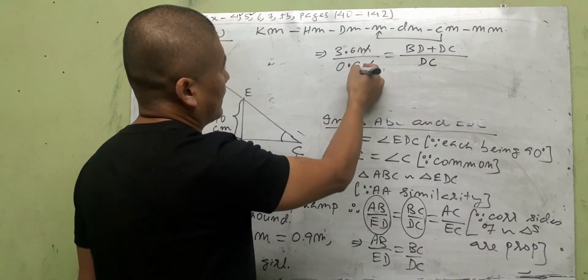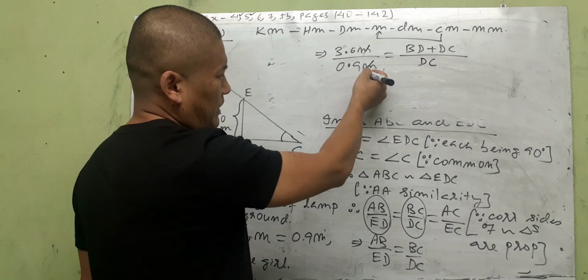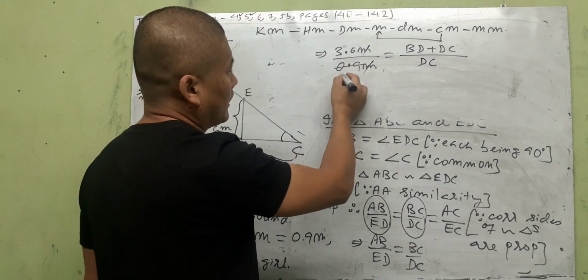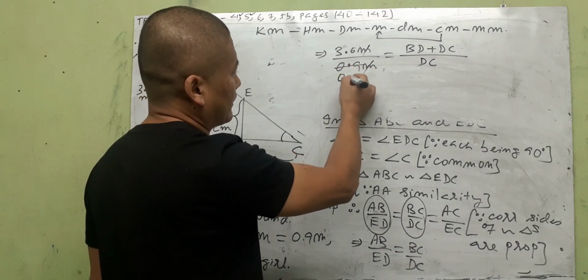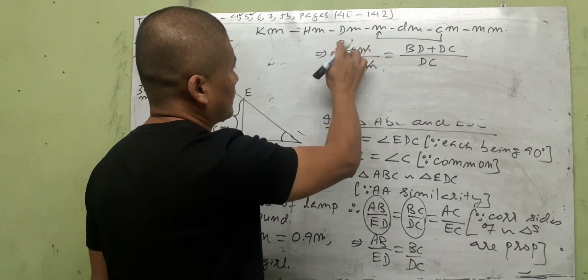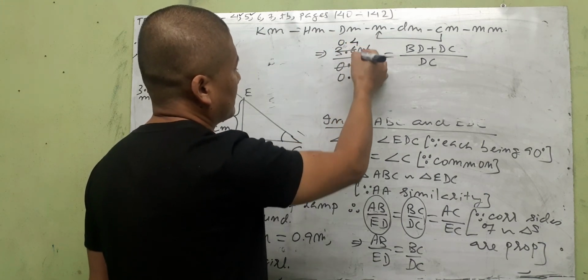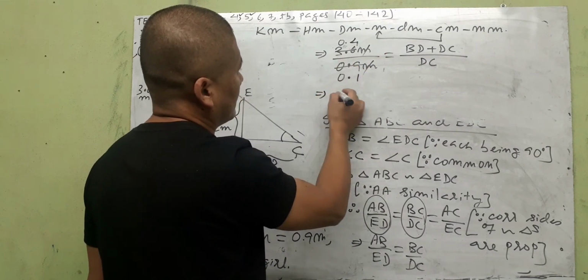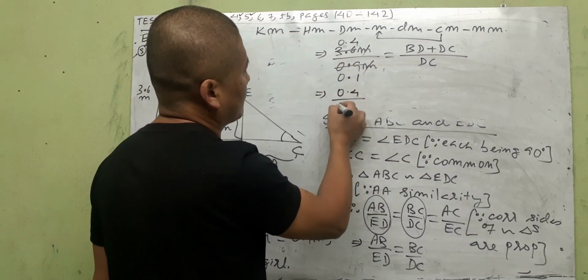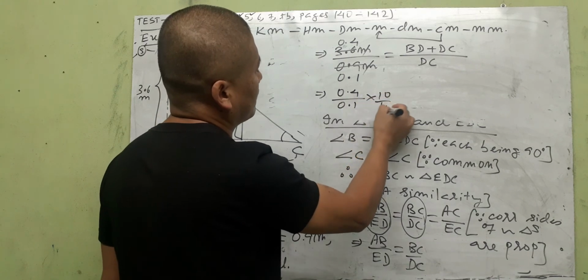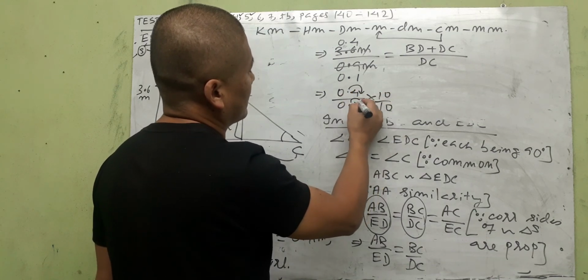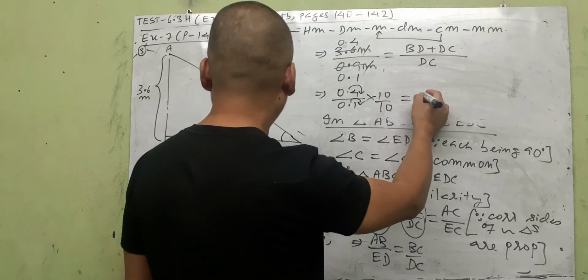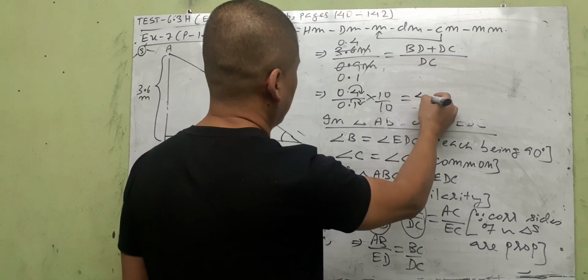So 9 meter, cancel, then 9 zeros are 0, 9 ones are 9. 9 zeros are 0, so 36, 9 fours are 36. So multiply this by 0.4 by 0.1, multiply by 10 up and down, the decimal will move and get removed. So BD is already 4.8 meter.